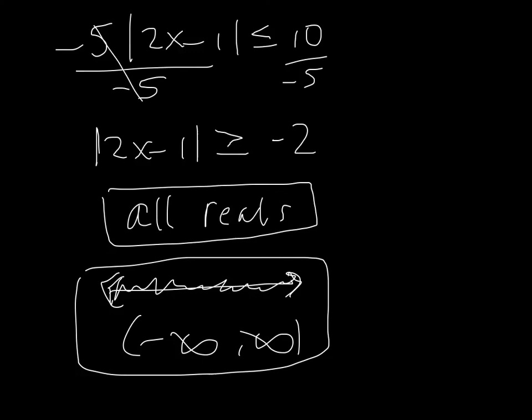Okay, so what I tried to show you is the difference in, first of all, equations versus inequalities. You have 0, 1, or 2 solutions on the equations, and on the inequalities you either have a union of disjoint sets, or you have an overlap and then it's just a single interval, or you have all real numbers, or you have no solution.